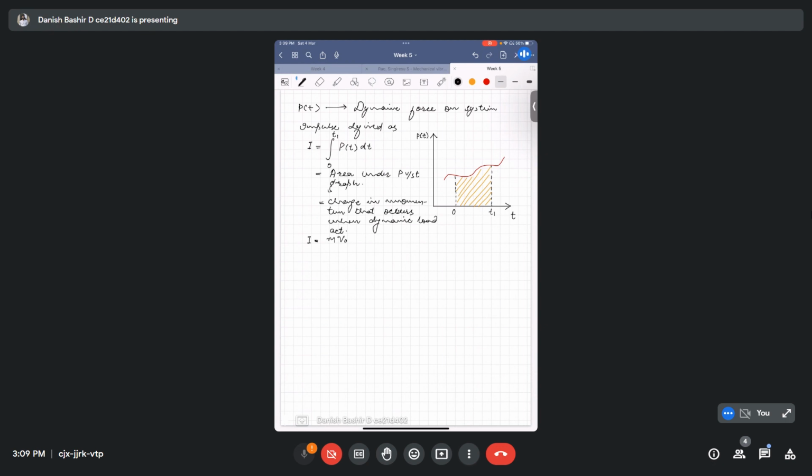For example, we have some shapes of the impulses, three or four shapes, like for example, the rectangular pulse. First is the rectangular pulse.